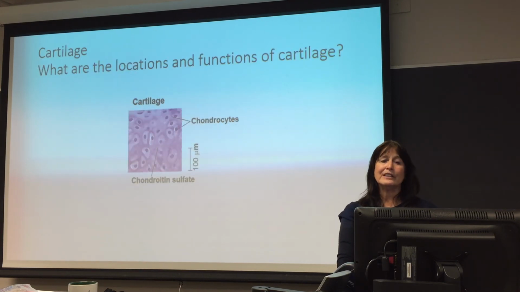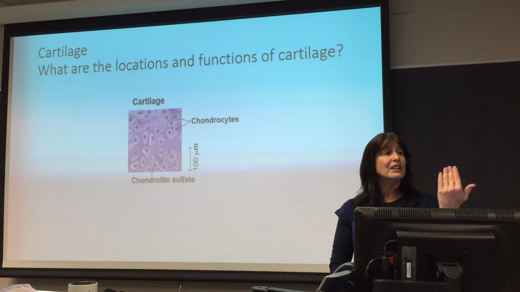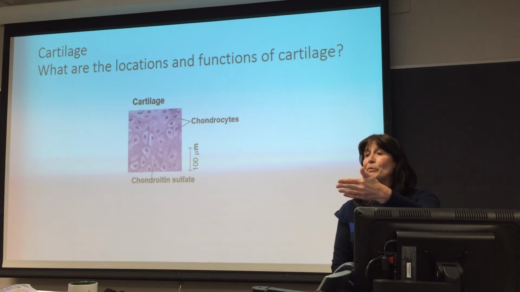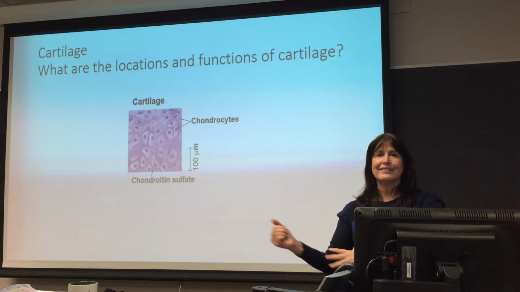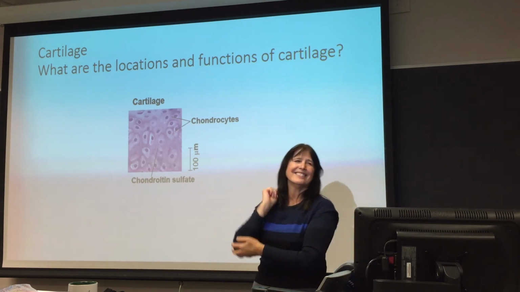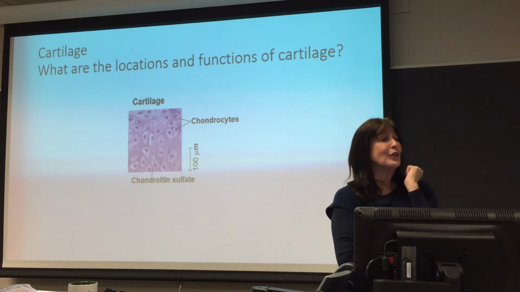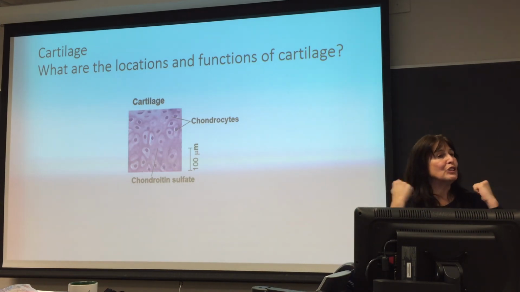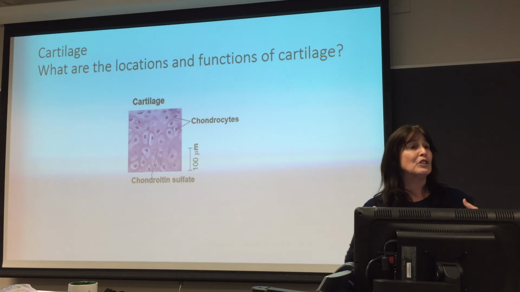Okay? All right, we looked at cartilage, functions of cartilage. Anybody remember some of the functions or where you have it? Yes. In your joints. Okay, the tips of your bones. You're going to have it at the tips of your bones.